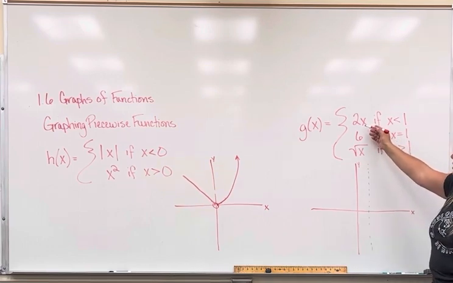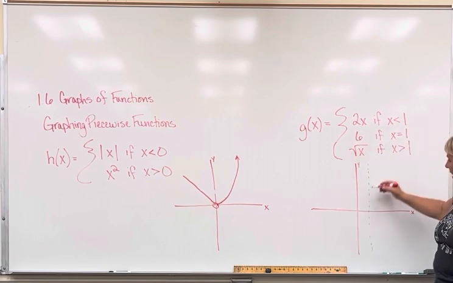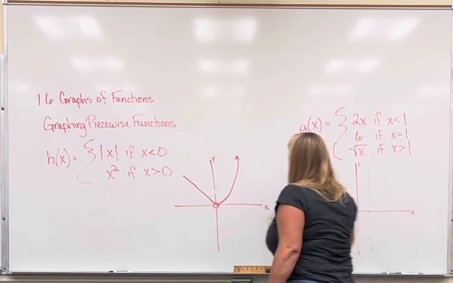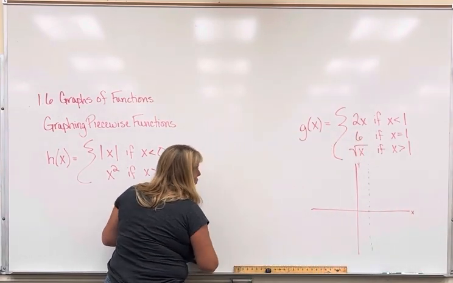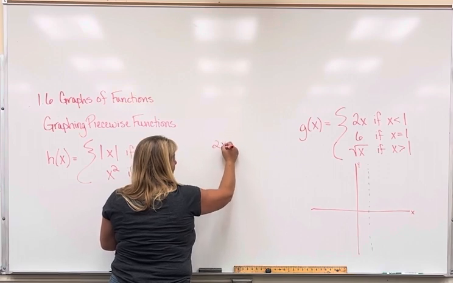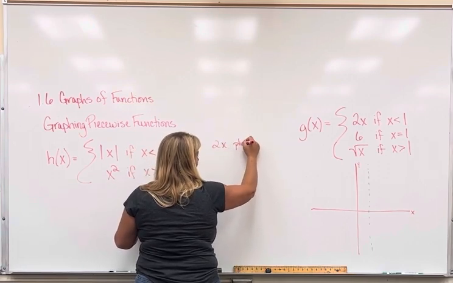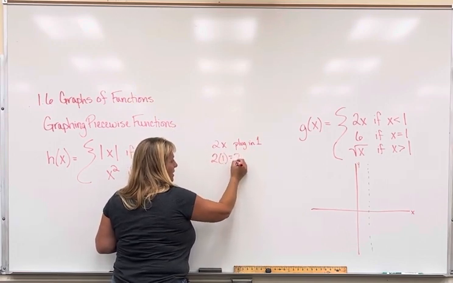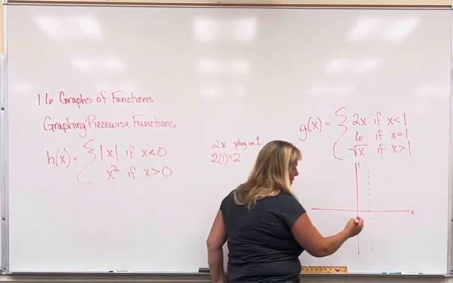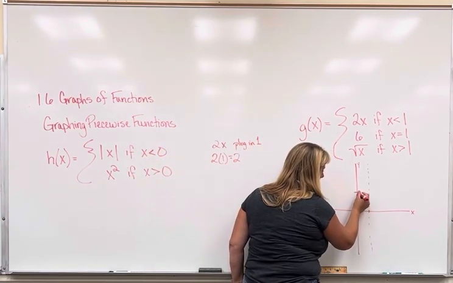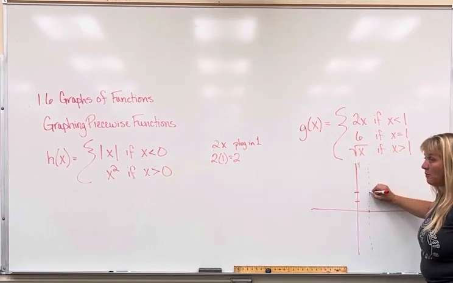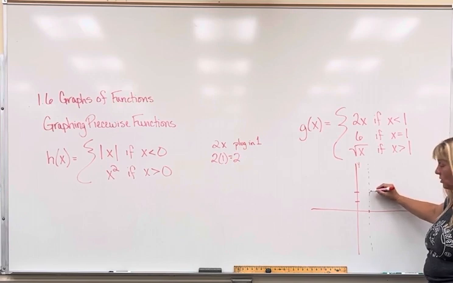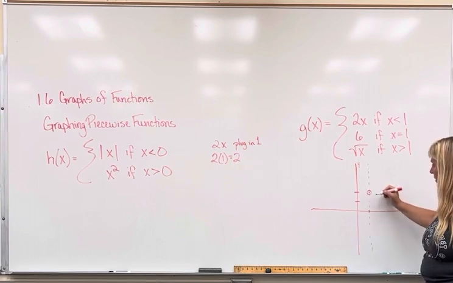So if we want to know where 2x is right at this boundary, then we can take 2x and plug in 1. So 2 times 1 equals 2. So if we're here at 1, this equals 2. But it's not actually equal because it's not including. So instead of putting a closed-in circle, I'm going to put an open circle there.